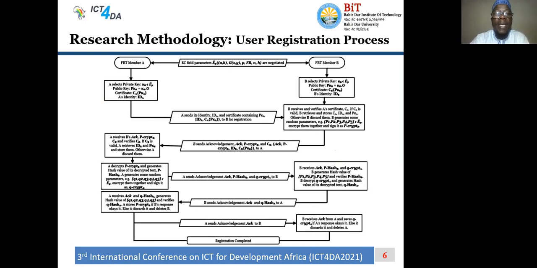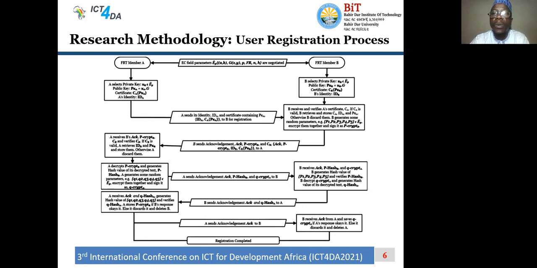Here is the flow chart of the steps involved in registration for our proposed solution. There are two users we call FRT member A, which is the client, and FRT member B, which is the server.